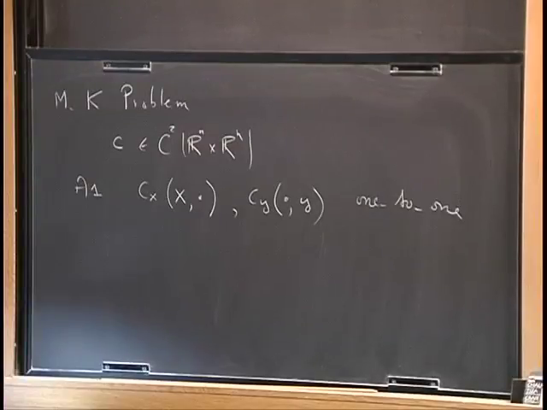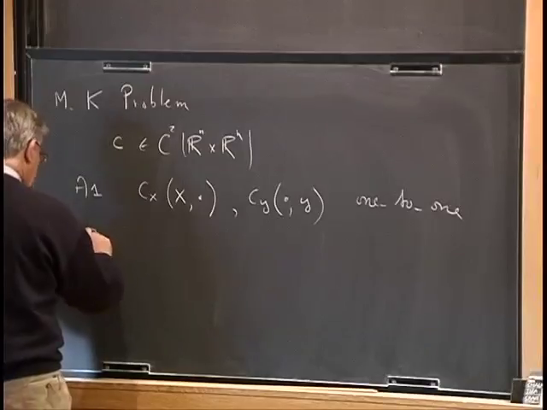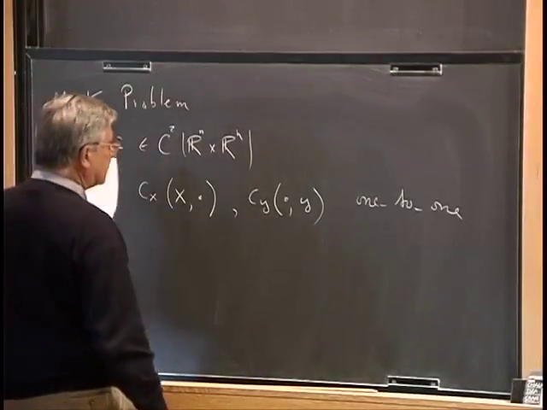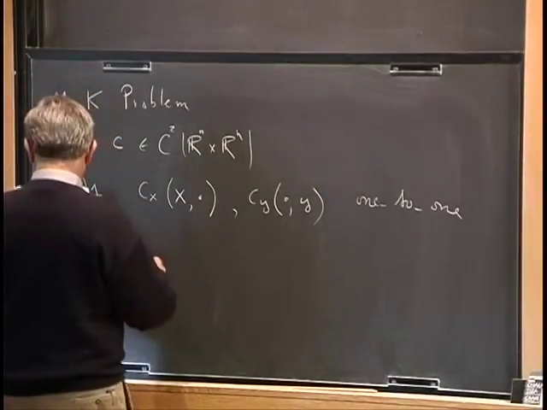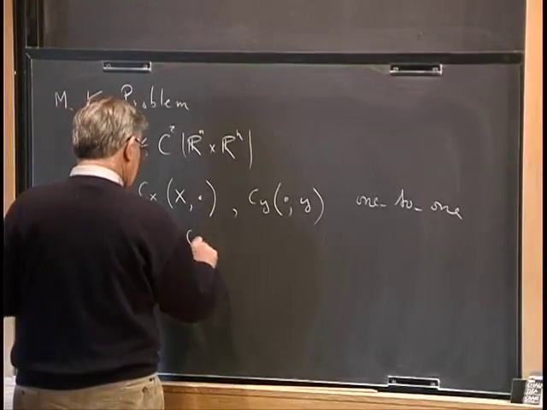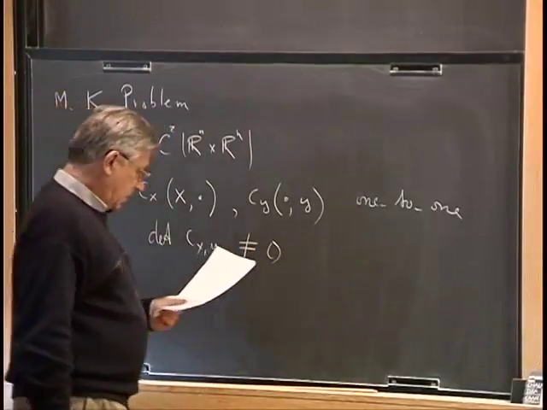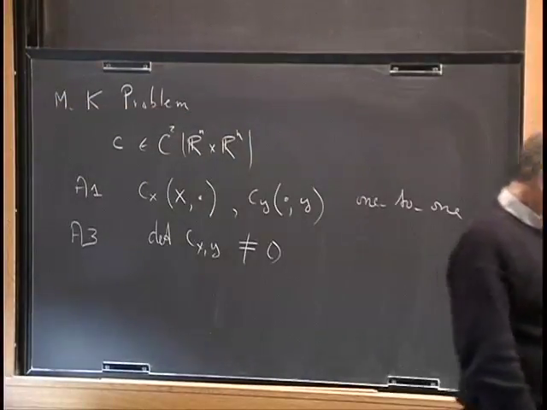And we also assume that the relation between these and their inverses is smooth, and the determinant of c sub xy is not equal to 0, so that's the mixed derivative with the x and the y variables.